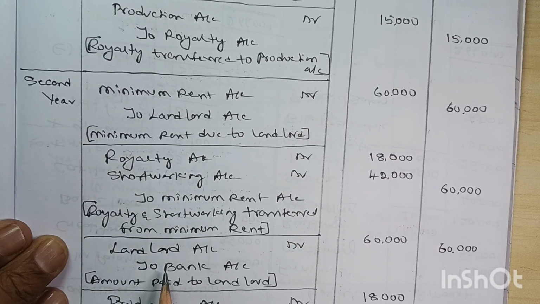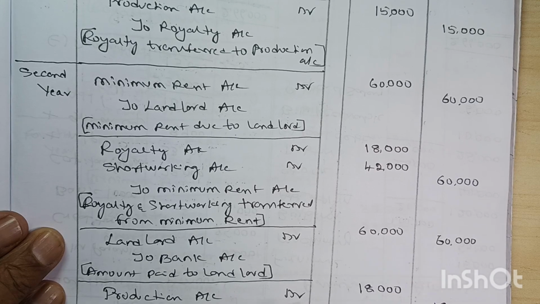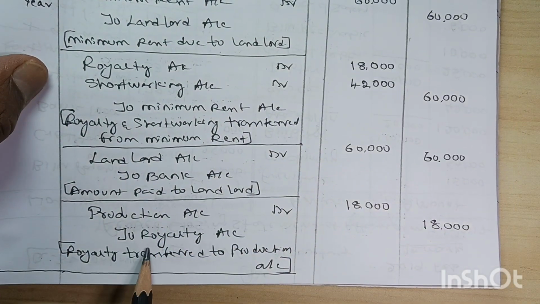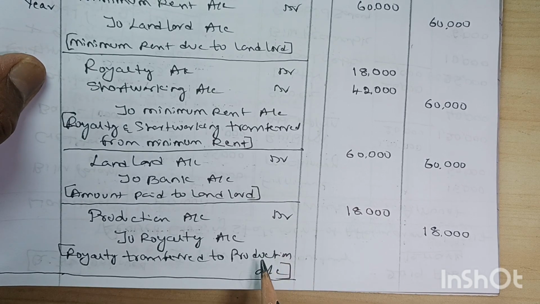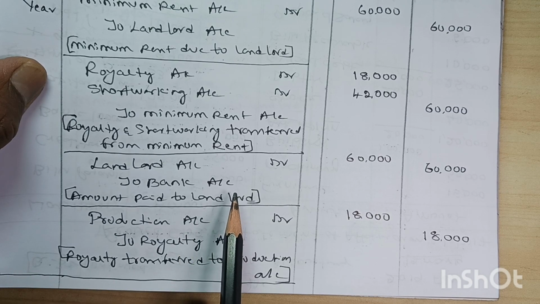Then again landlord account debtor 60,000 to bank account 60,000. Then again royalty is open, it will be closed, production account debtor to royalty account, right? See, same journal entries, but these are with minimum rent.